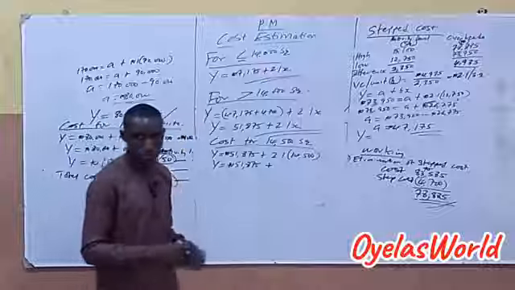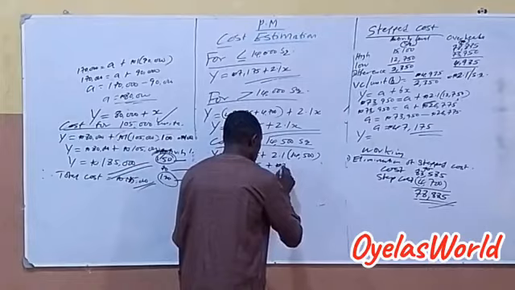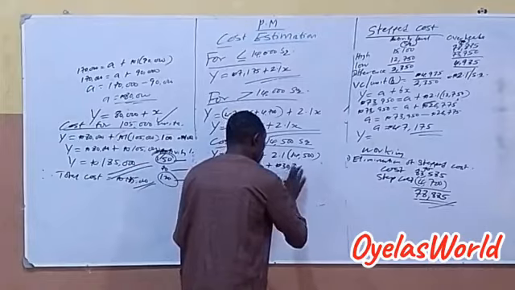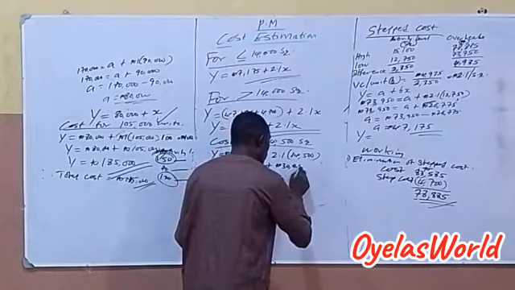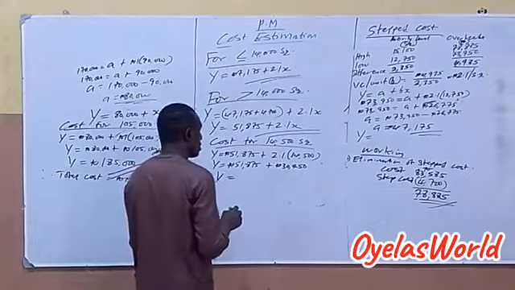What do you have? Is it 30,450? Therefore, y equals what? 80 what?